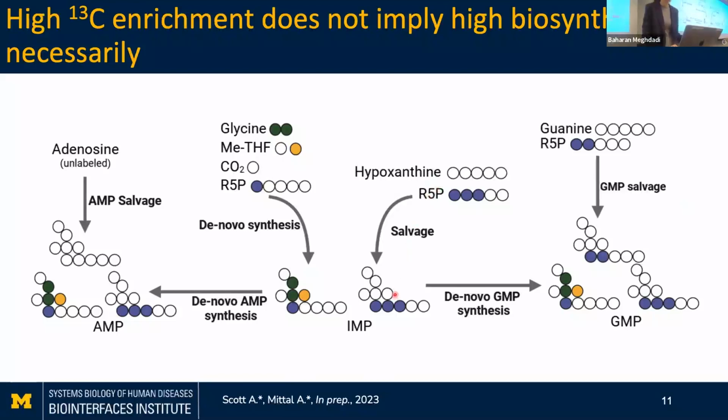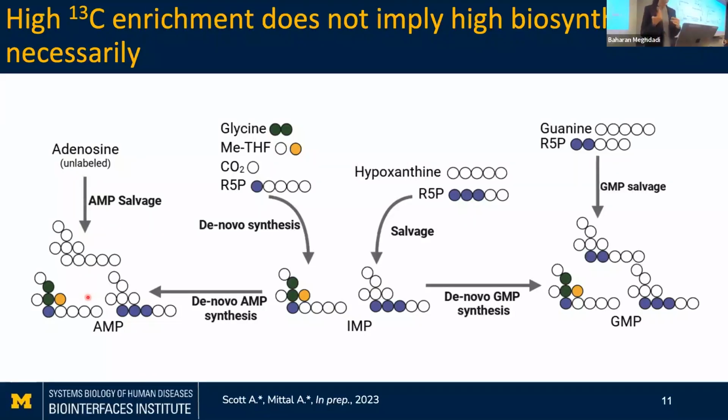And one thing we'd like to consider is how much of these reactions can produce these metabolites, the ratio of synthesis through different sources. Another thing is that when we have enrichment patterns in the sources, we get enrichments in the products. But when there is an unlabeled source to produce a metabolite, the metabolite has lower enrichment.